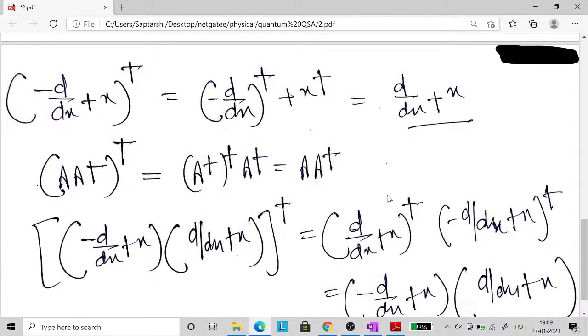Yeah, this is a good way of doing this. So if this is Hermitian, then the Hermitian of this is like a dagger only. Right. And via this we can prove that.